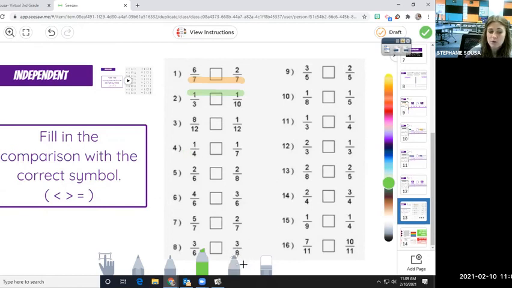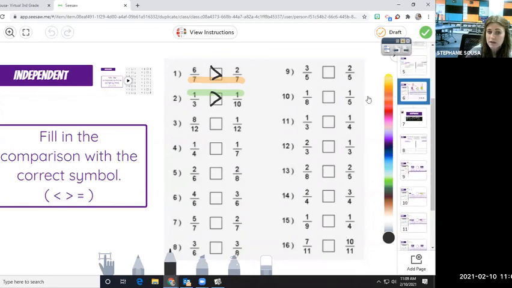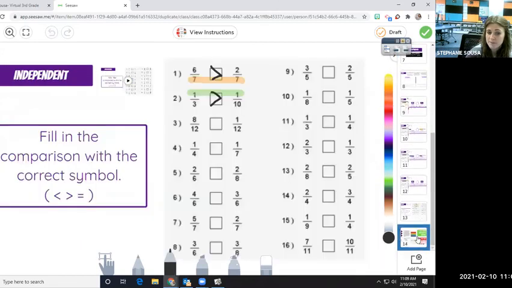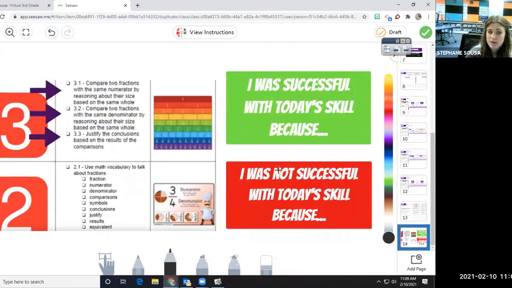And that should help you be able to quickly determine which symbol you will use based on what you know about denominators and numerators. Okay, so this should be quick for you by the time you get there. If you still need practice, you can use that link to build a model and see. Okay, slide 14, like always, success criteria with vocabulary.